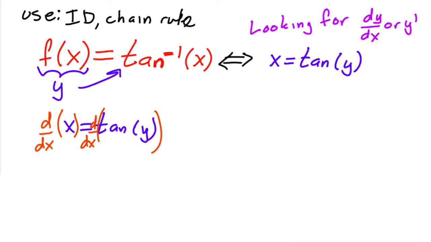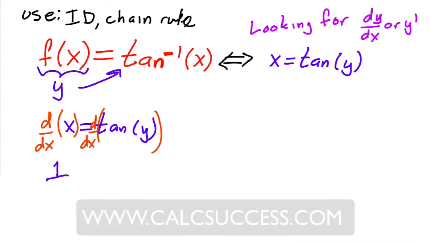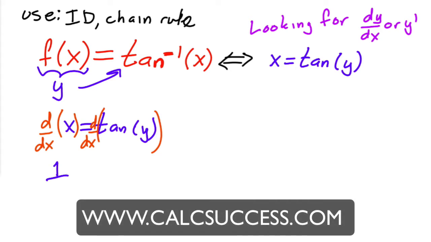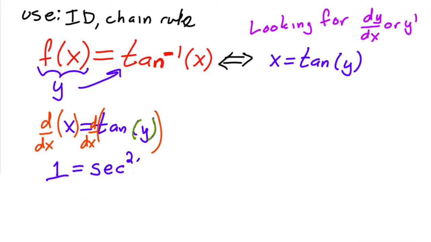The derivative of x is just 1. Now the derivative of tangent of y, remember, y is a function of x, so we have to use the chain rule. The derivative of tangent is secant squared, and then we leave the inside alone, so y stays the same, times the derivative of the inside, which we symbolize by dy over dx, or you can also write y prime if you want.